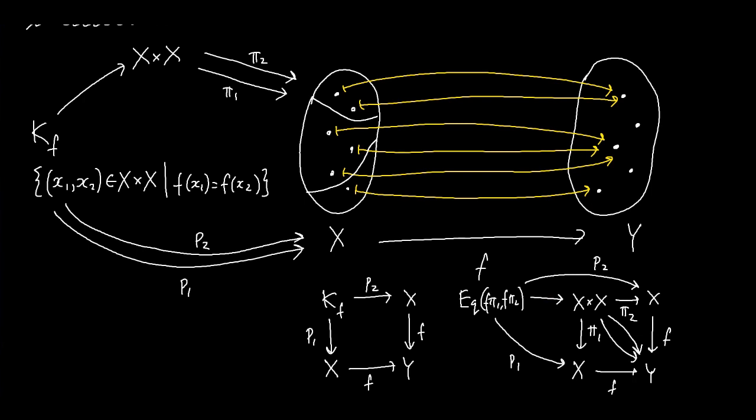What happens in group theory is that when X and Y are groups, it's sufficient to know the equivalence class of the identity element of the group. Then all other equivalence classes will actually be of the same size as that one, and they can be computed by shifting this equivalence class along other elements. And so the entire information about Kf reduces to a single equivalence class. And of course, normal subgroups are very important in group theory.